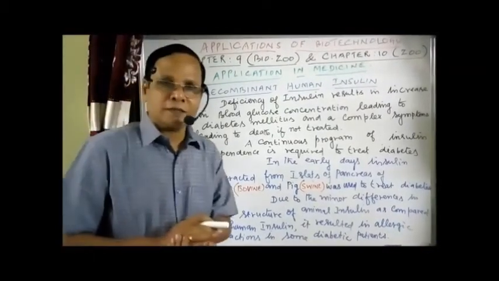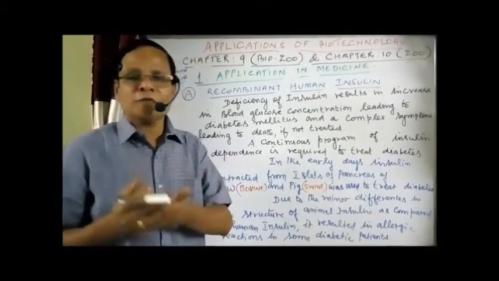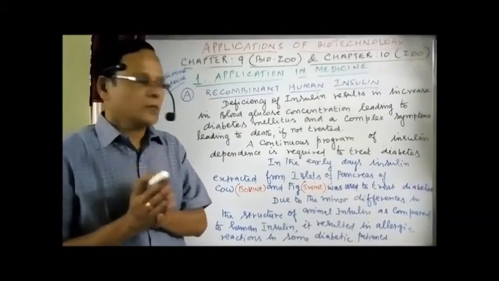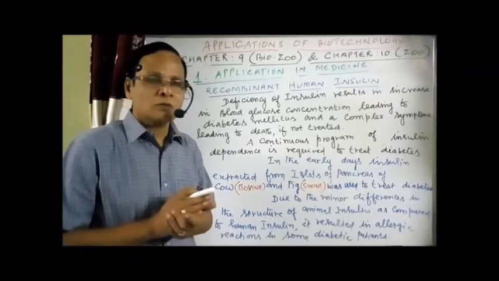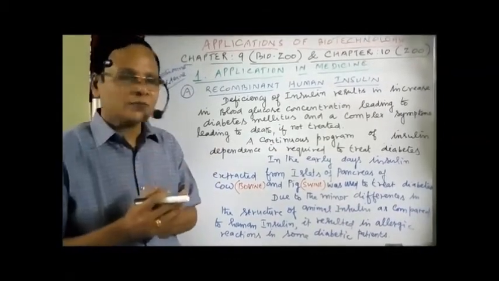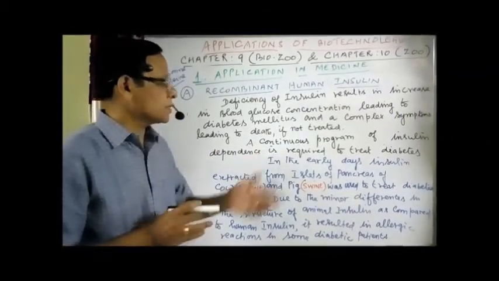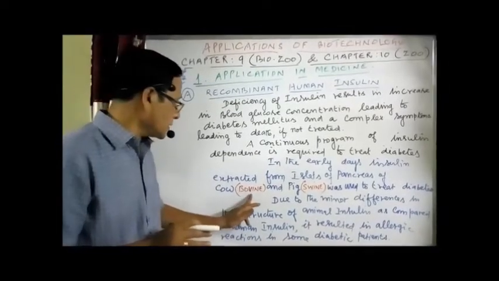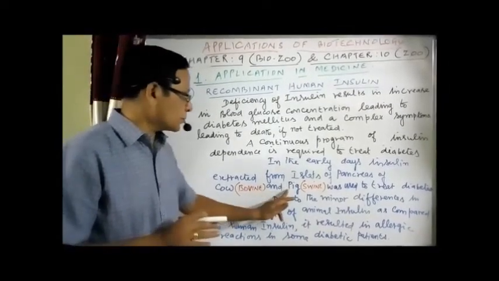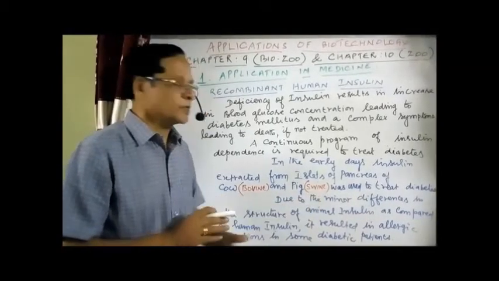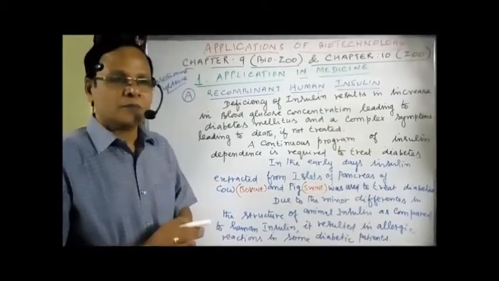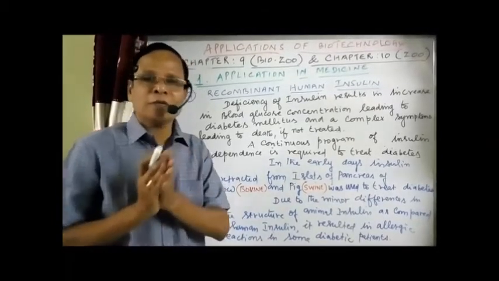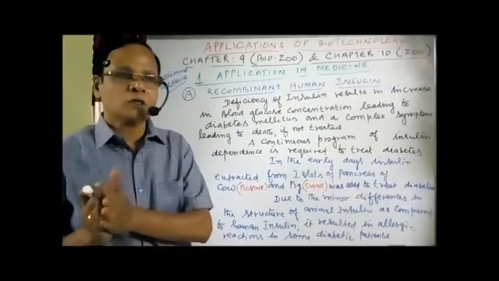Now, in the early days, if there was a deficiency of insulin in the body, to treat diabetes the insulin hormone was extracted from the islets of Langerhans of the pancreas, either from cow, called bovine insulin, or from pig, called swine insulin. But there is a minor difference between the animal insulin and human insulin.